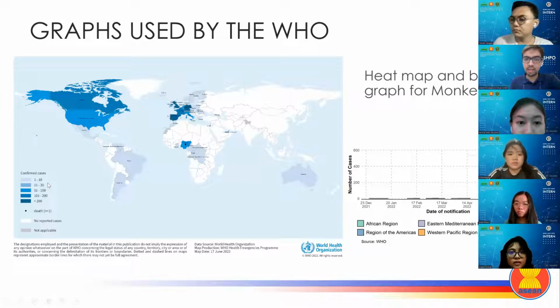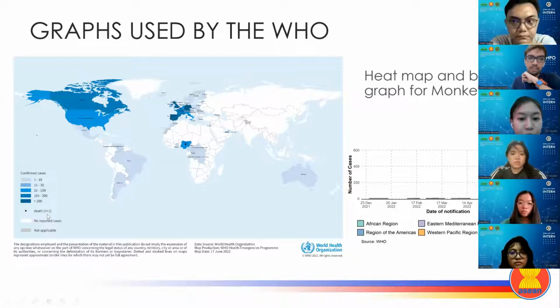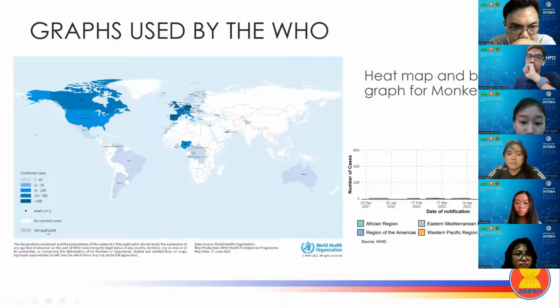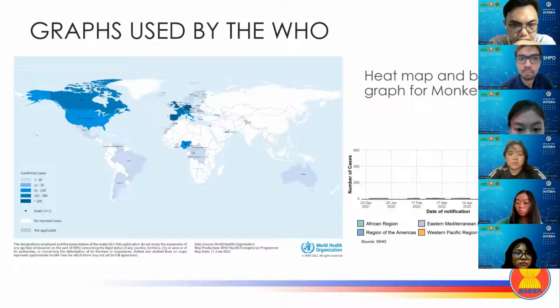So what we use in ABVC is yung diretso, di ba? So they have that na yung squared dot. Then yung white is for no reported cases and gray is not applicable. Not applicable are the places where there are no population or people. Usually yun yung Sahara, Western Sahara, or yung part na desert.